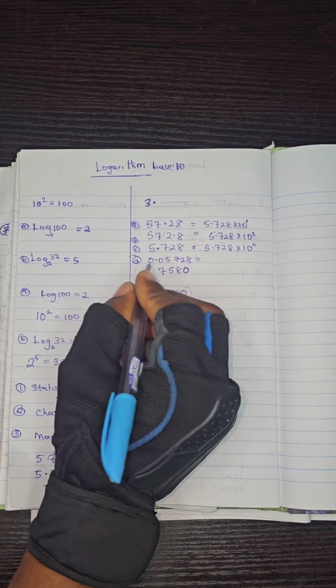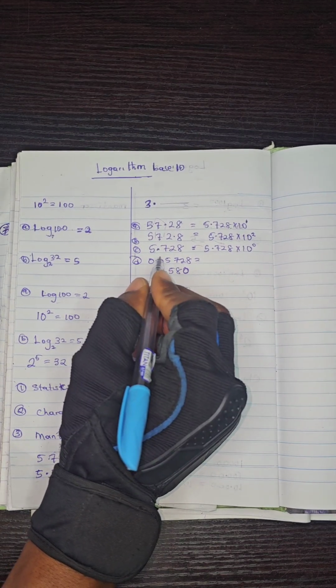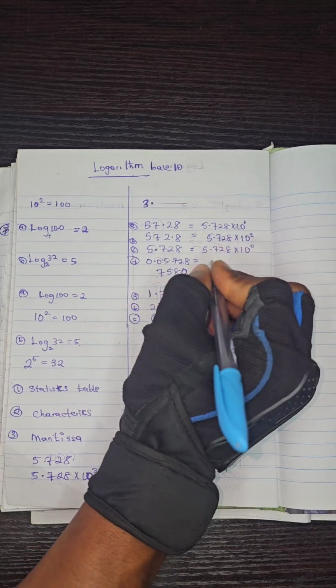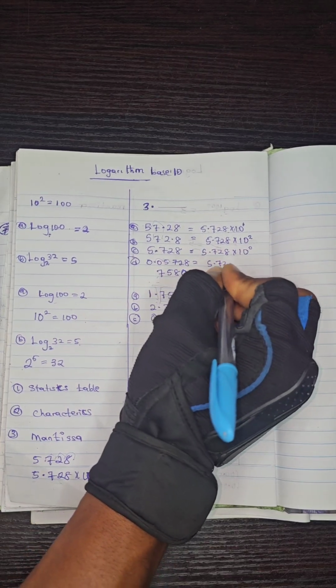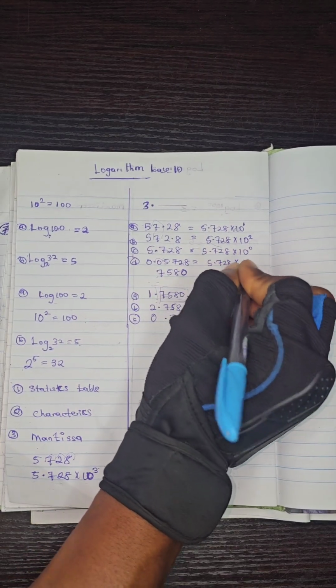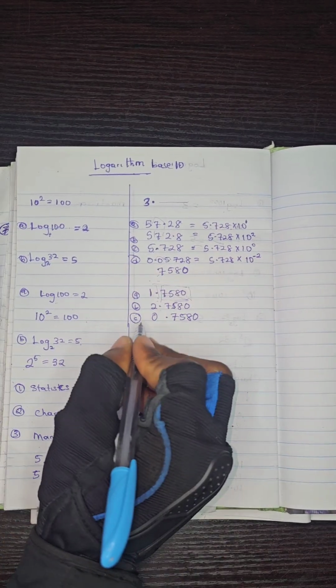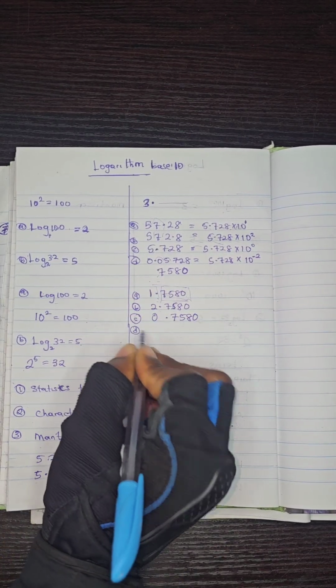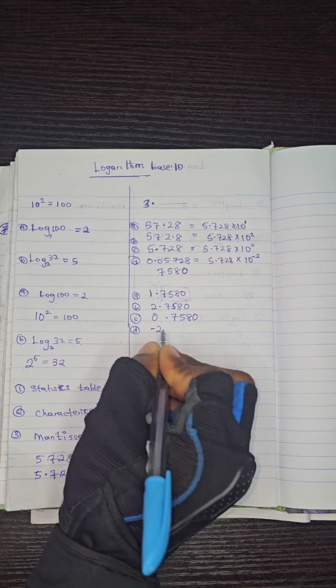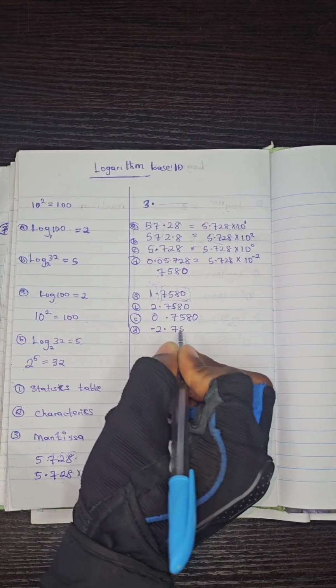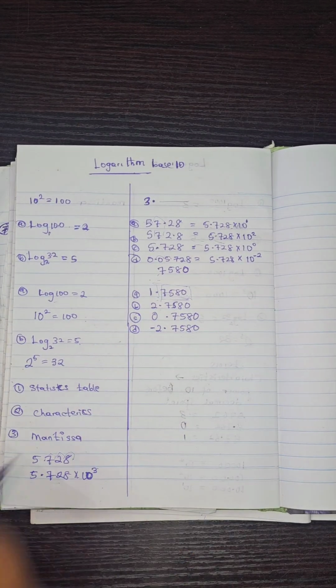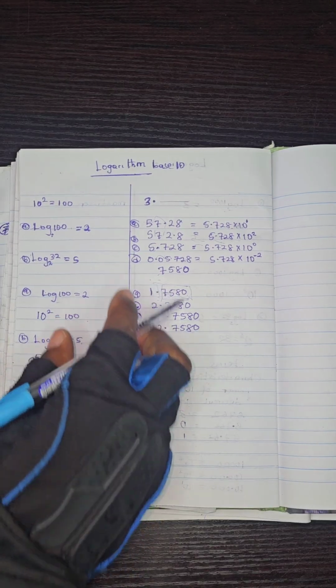When you convert this to standard form, this is now a decimal. You now have 1, 2. So it will be 5.728 times 10 raised to power minus 2, because now it's a decimal. So here will be minus. So when you solve the logarithm for this, you have something like minus 2.7580. So you see the rule of the characteristics and the rule of the mantissa.